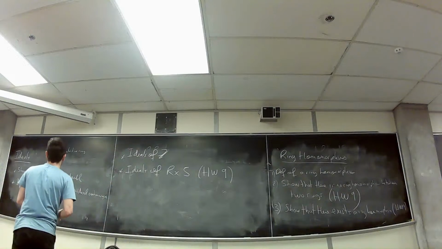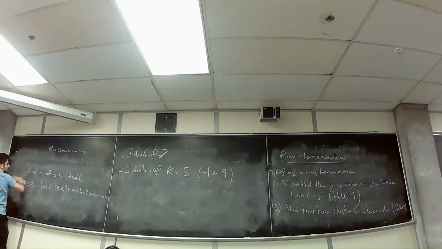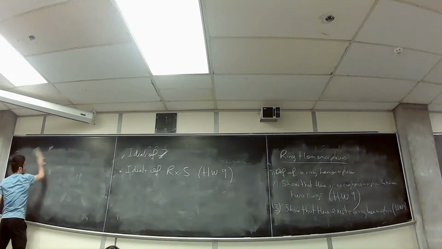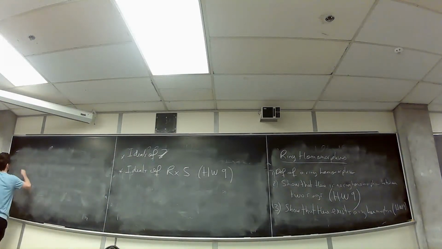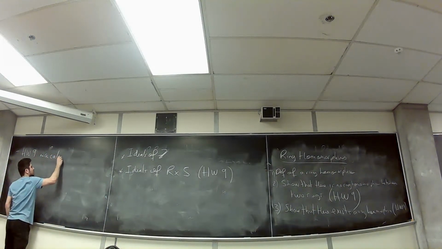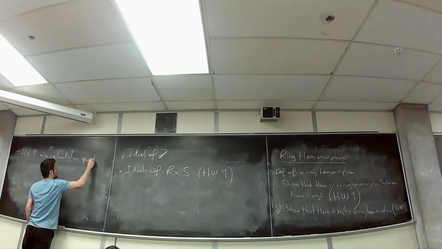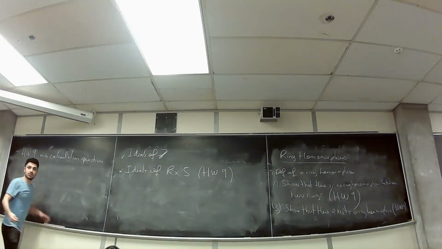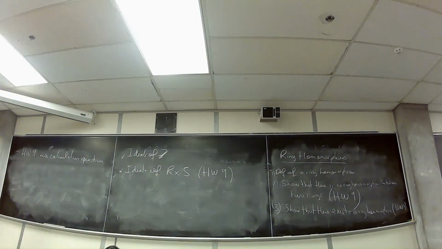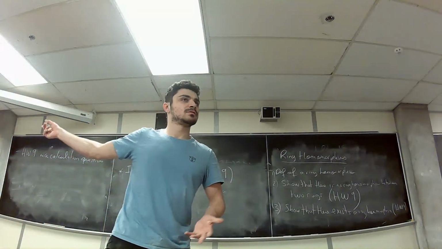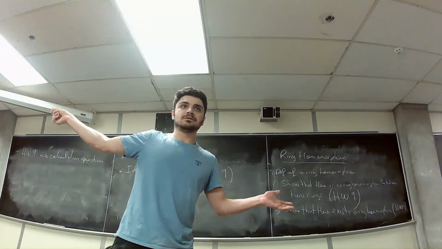Okay, great. Homework 9 is homework 9. Nice calculation questions. Of course, these are not the only possibilities, but homework 9 contains very nice calculation questions. So you could see something like that in your final.